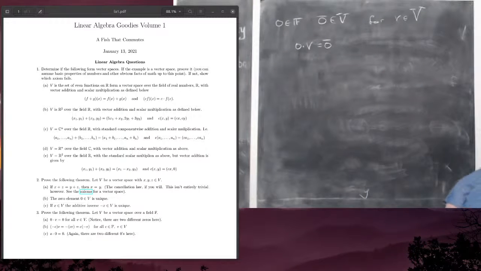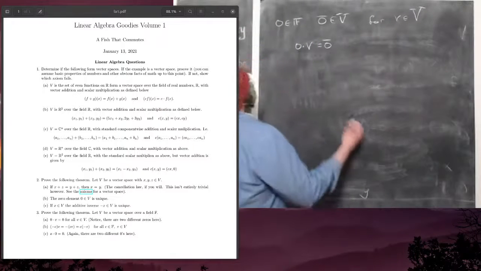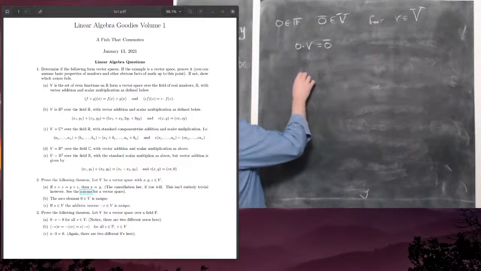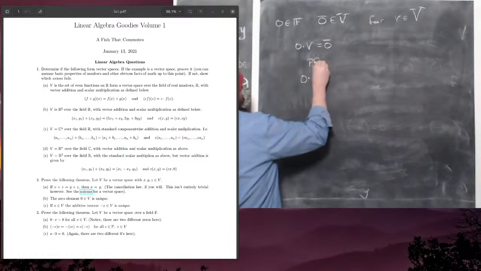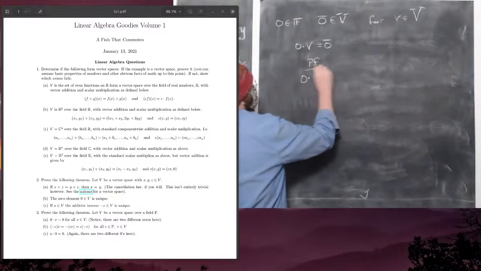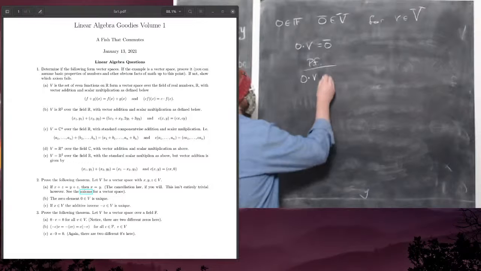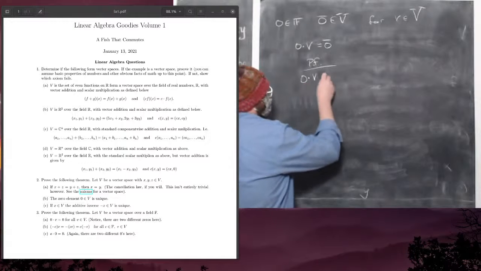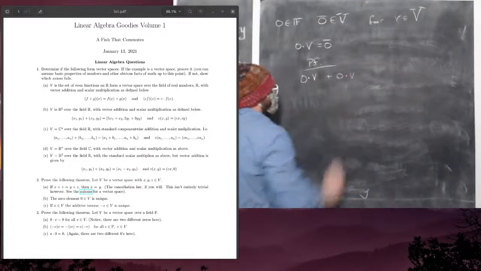Let's see. We're going to use a bunch of stuff here. So let's prove this. I'm not going to start with 0.v. Let's start with 0.v plus 0.v.